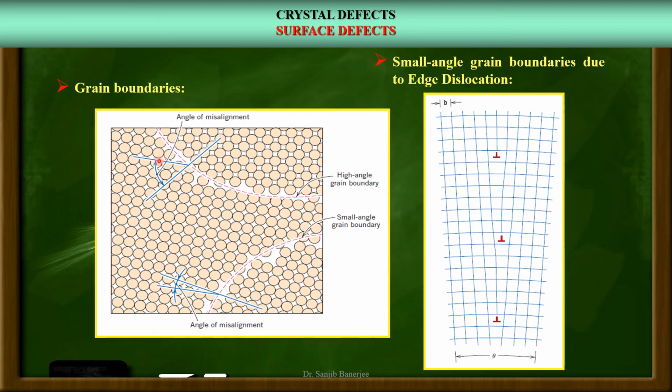So here we get the angle of misalignment between these two grains. Here we get the high angle grain boundary between these two grains, and here we can see the small angle grain boundary which divides this particular grain into two subgrains.